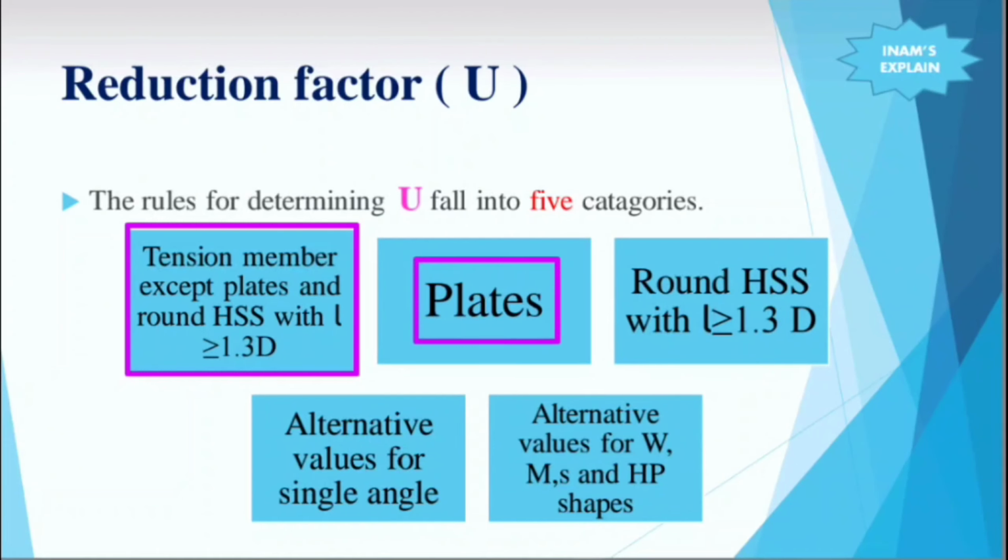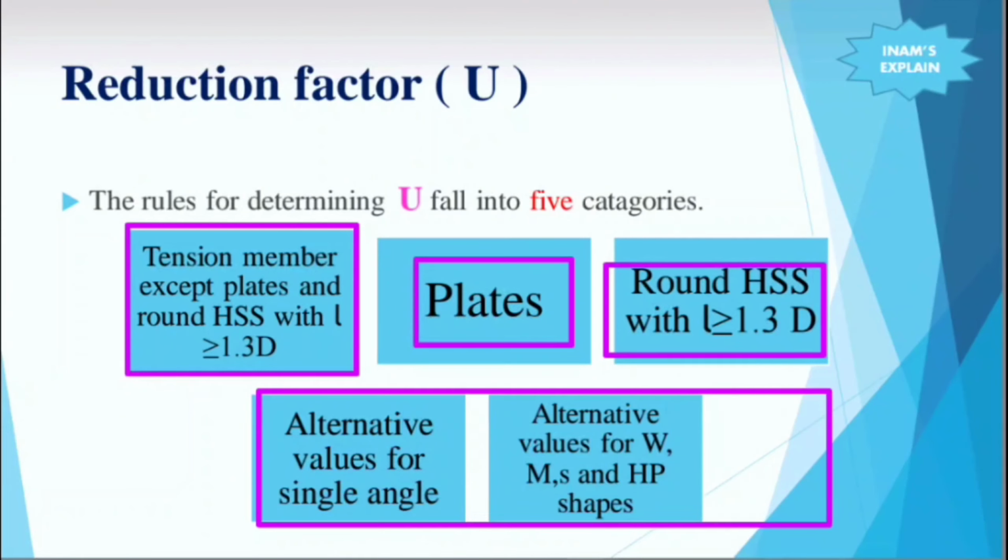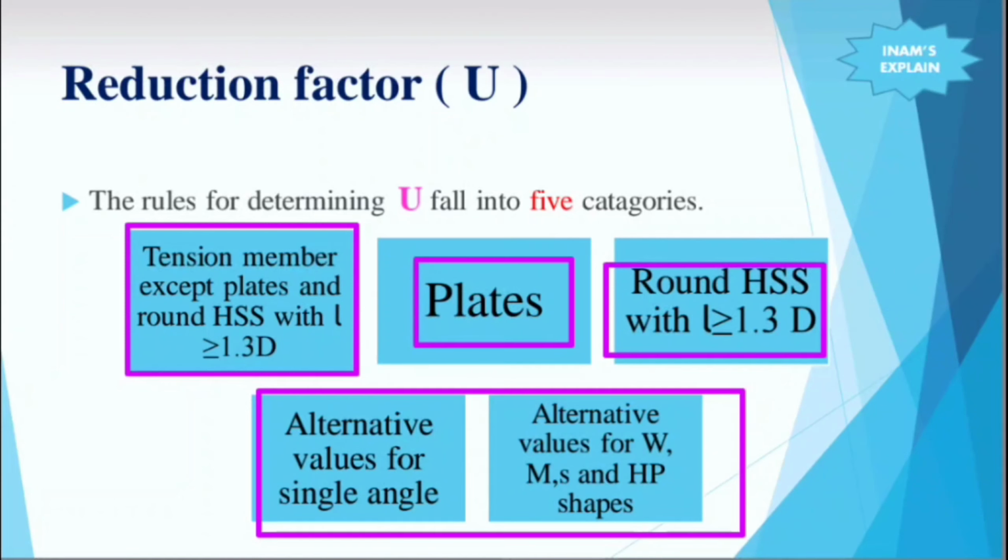These are: plates; round HSS with connection length greater than or equal to 1.3 times the diameter; and the remaining two are the alternative values for the single angle, double angle, W shape, miscellaneous shape. For these we have some alternatives. It is up to you whether you use this alternative or the other calculation.